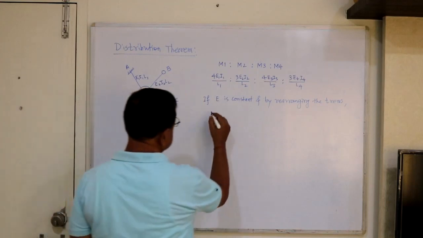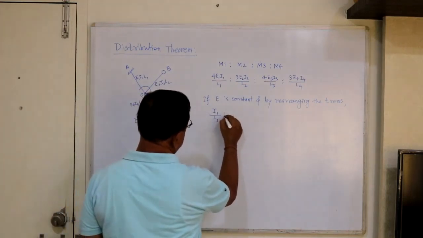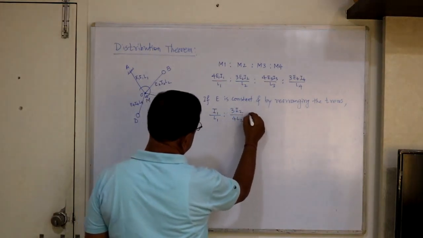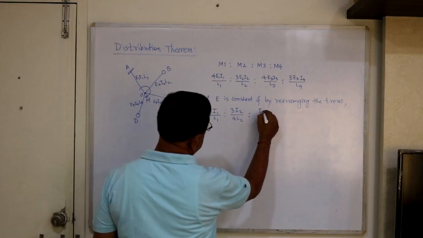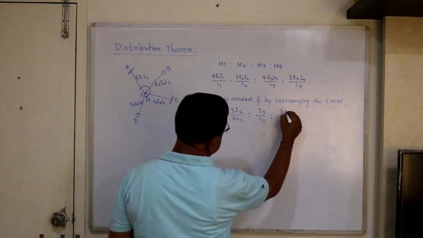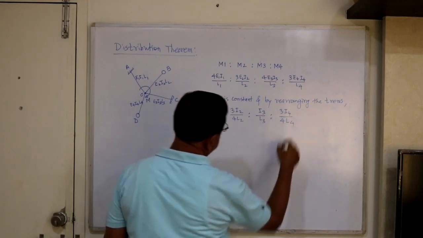Then just rearrange this: I1 upon L1, taking 4 on this side, 3I2 upon 4L2, then I3 upon L3, then 3I4 upon 4L4.